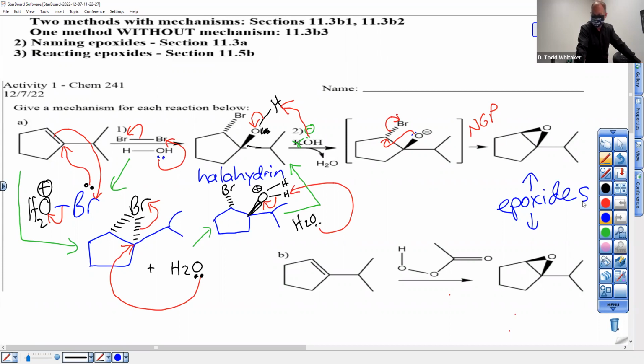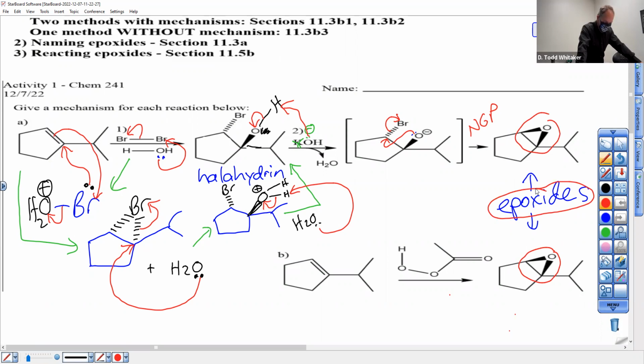Epoxides are a type of ether, and they're in a very small ring. Epoxides are in ring size 3. So the epoxide part is this part. Cyclic ethers that are in a triangle. How's that for an answer? That covers it. Cyclic ether in a triangle answers the question, what is an epoxide?